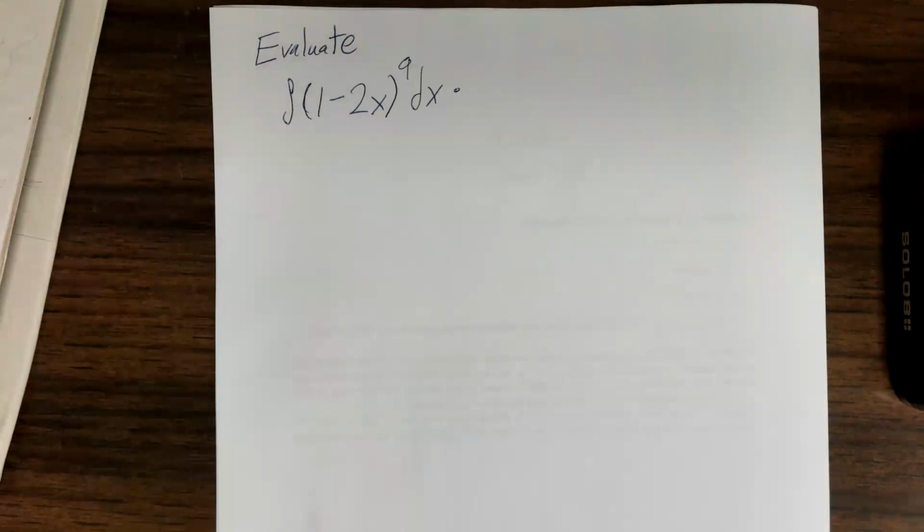Then technically, we could integrate this using our standard rules. It's just that I would have to multiply 1 minus 2x 9 times. And I think that most of us just would not prefer to expand out this polynomial and deal with all the powers of x we're going to get.